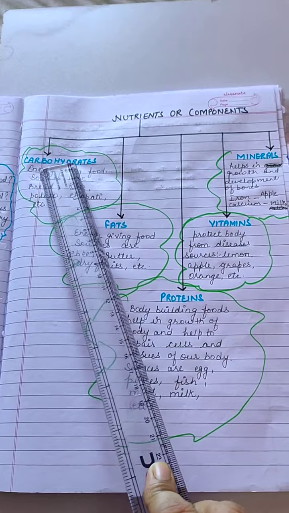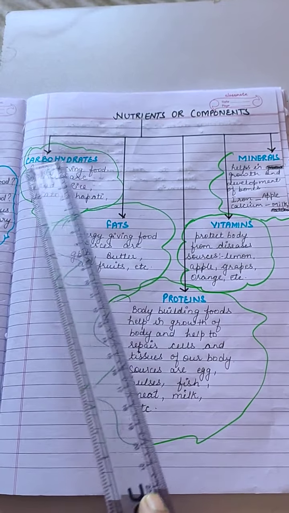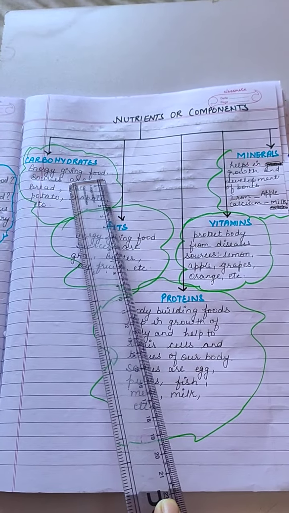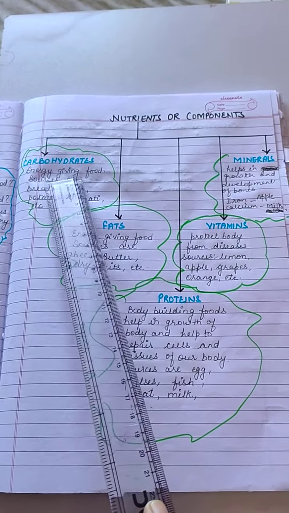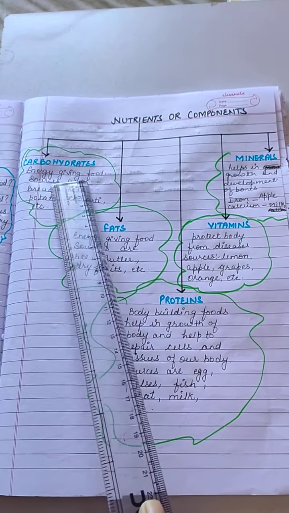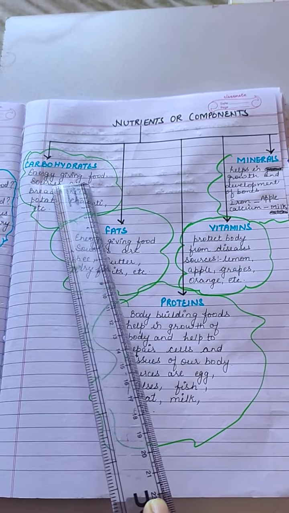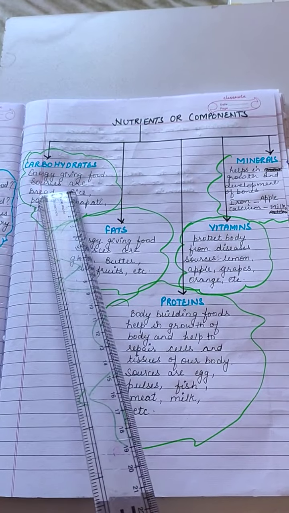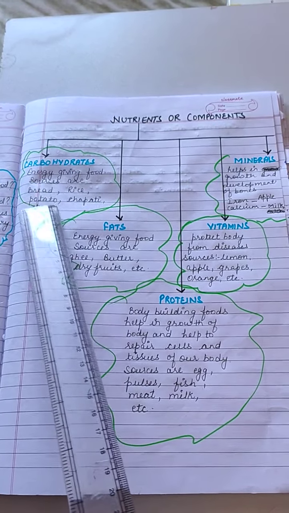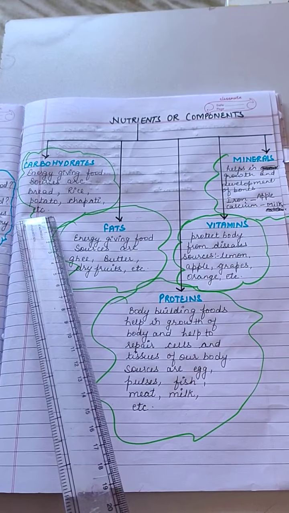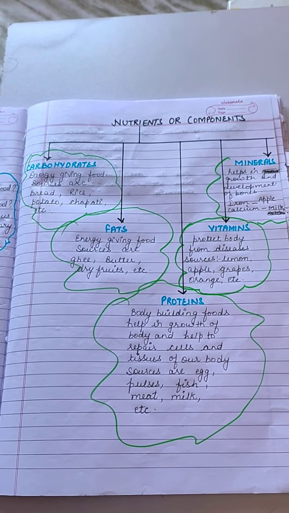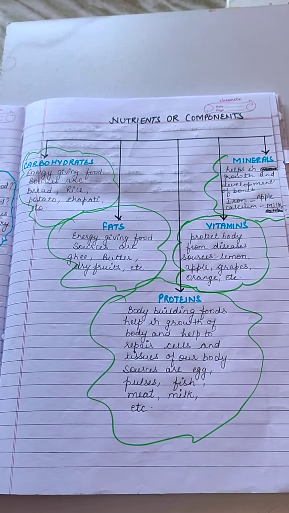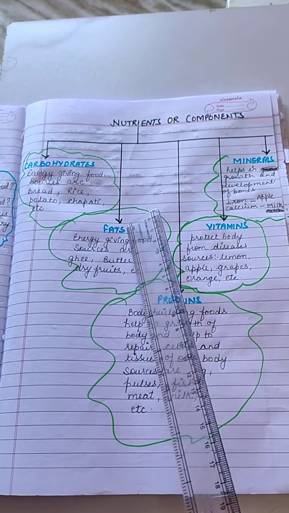So first is carbohydrates. Carbohydrates are also known as energy giving food. Energy giving food means carbohydrates provide energy to our body to do work. And the sources of carbohydrates are bread, rice, potato, chapati, etc. Next is fats.